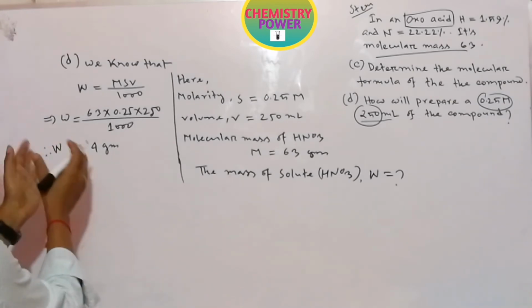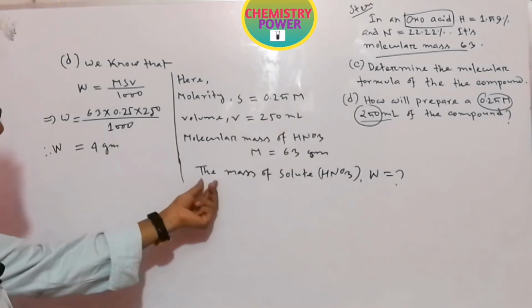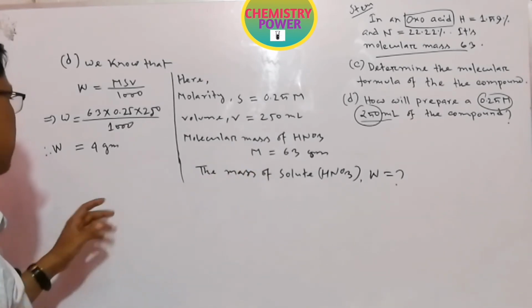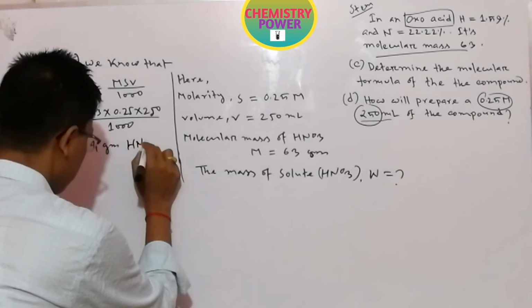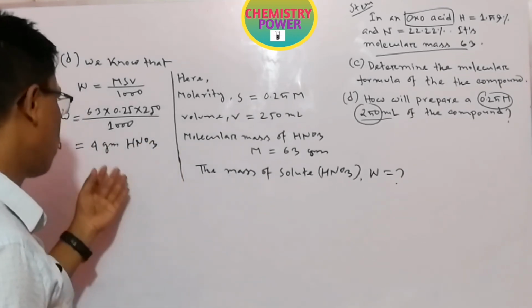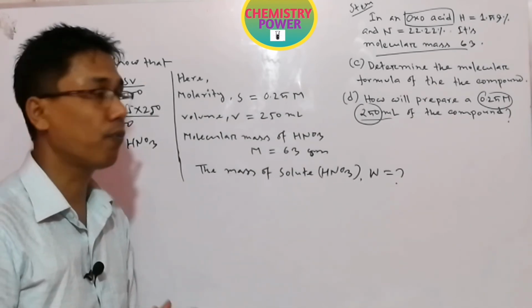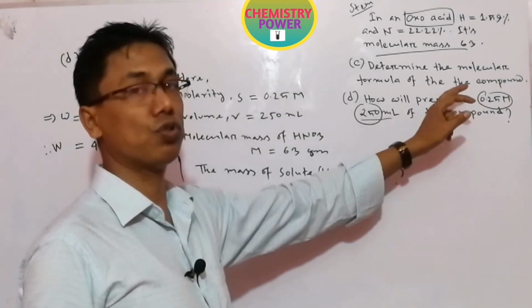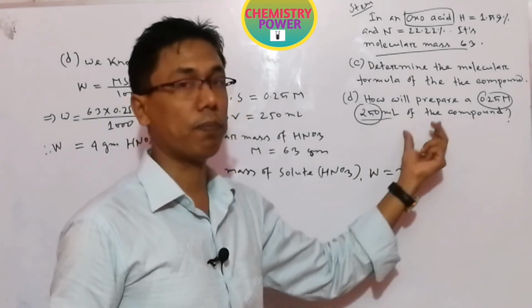So from this calculation we can see that the mass of solute of nitric acid is 4 gram. So 4 gram of nitric acid is required to prepare 0.25 molar, 250 ml of the compound.